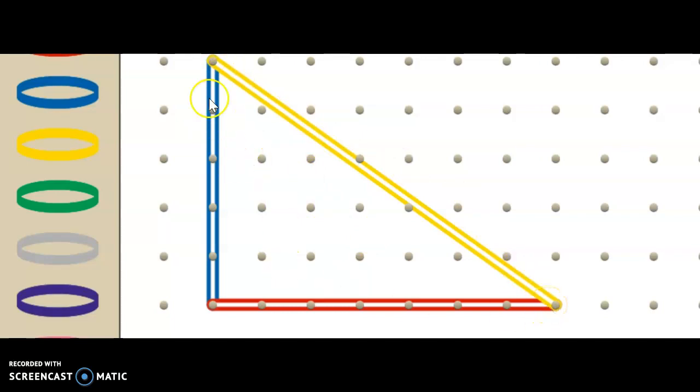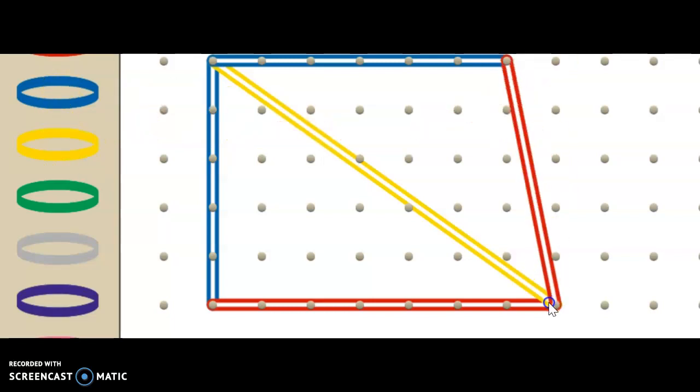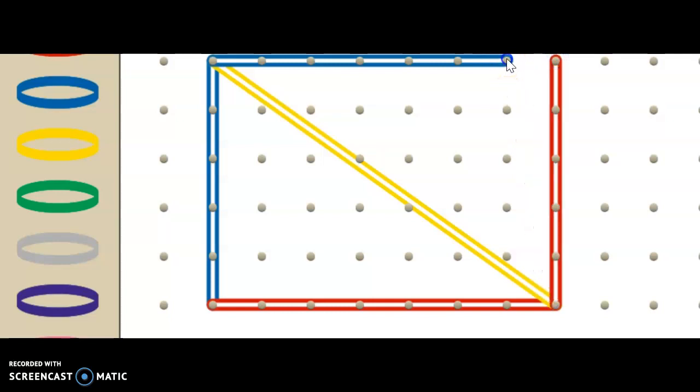So we take our 6, multiply it by our 8, and that would give us 48, and we divide it by 2. Because if we were to take this up here, we would see, one more over, that is our triangle. Our triangle is a square cut in half.